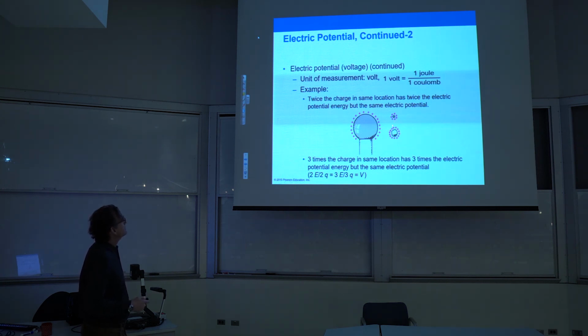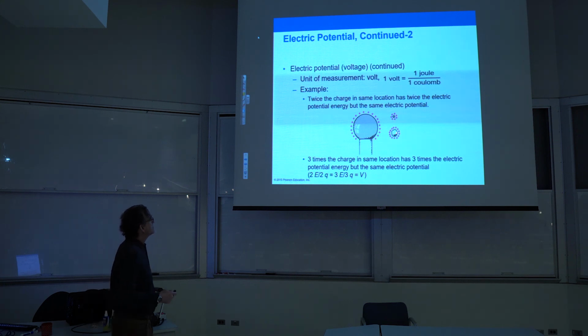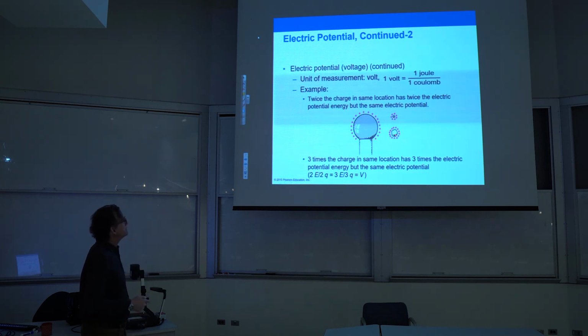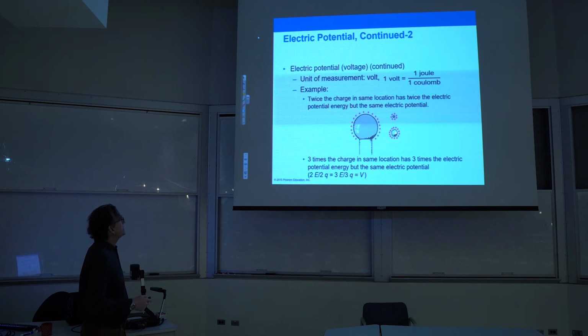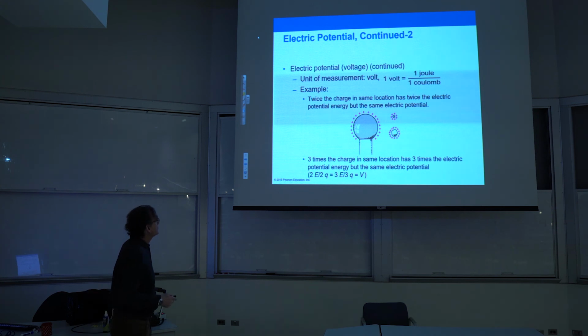In other words, if my test charge over here has twice as much charge in the lower case than in the upper case, then there will be twice as much force or potential energy required to move it in the force field, move it closer. But if I divide it by the charge of the object, then the joules per unit charge will be the same for both of those objects.